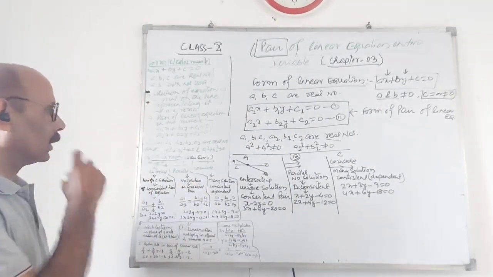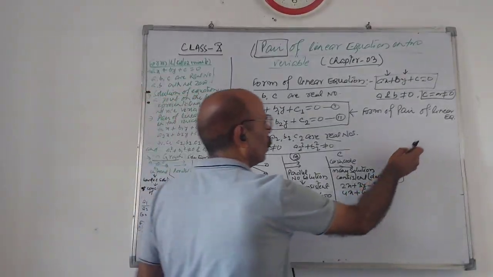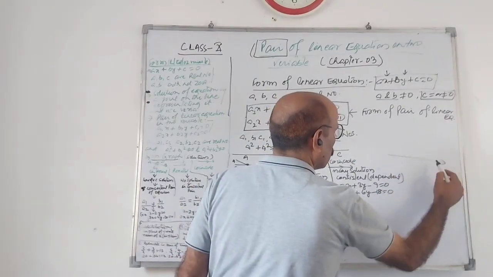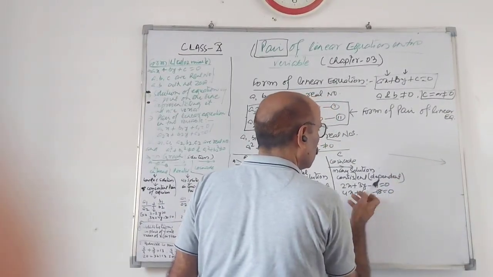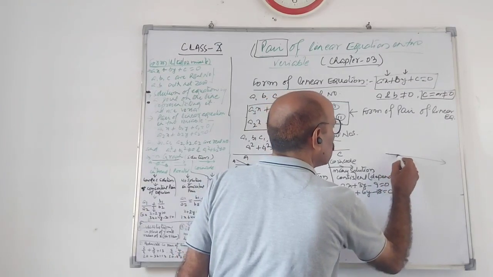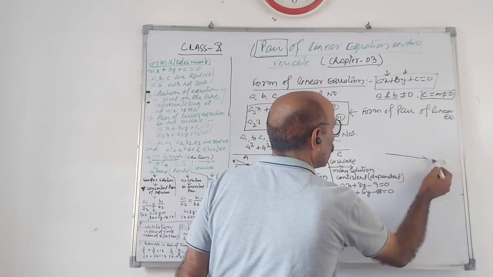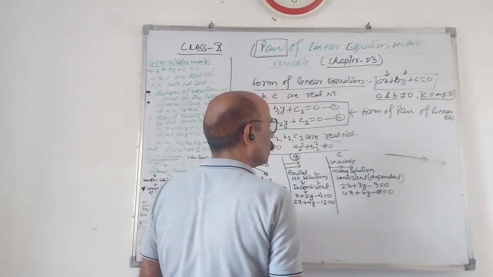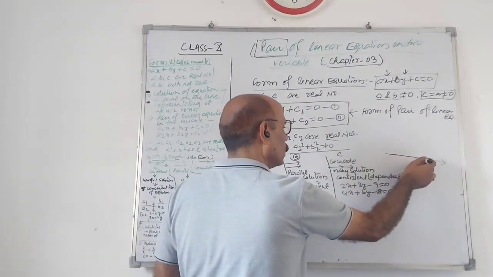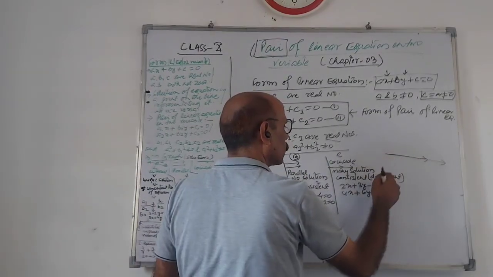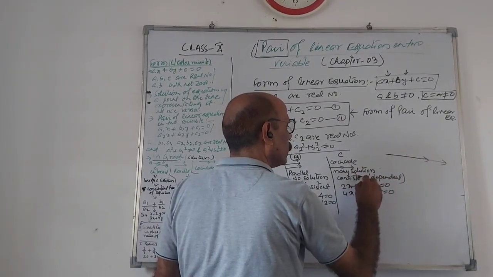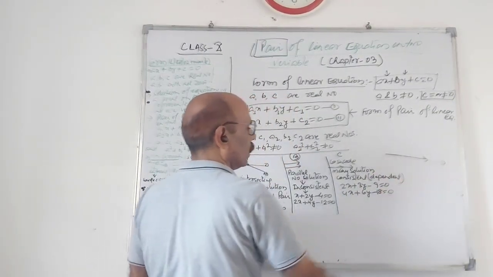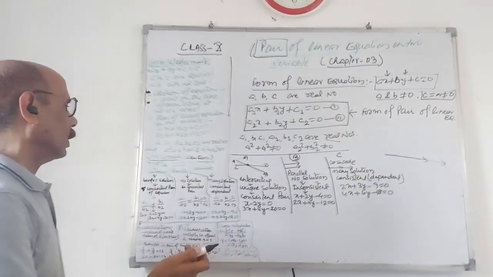If you draw this type of equation on the graph sheet, whatever line comes for the first, the other equation will give the same line, a coincide line. Therefore many solutions, all points are intersecting, and consistent, dependent. Consistent means giving a result but dependent on one another. Okay? So up to here.